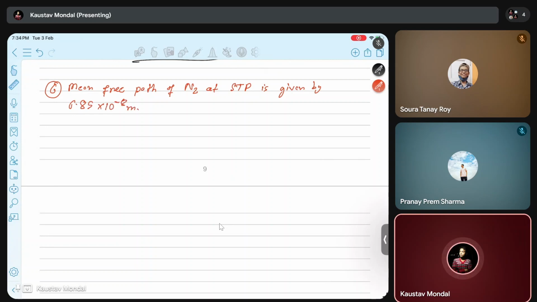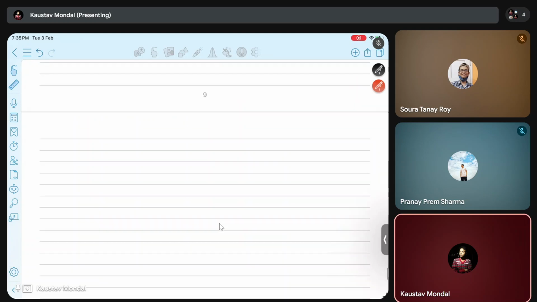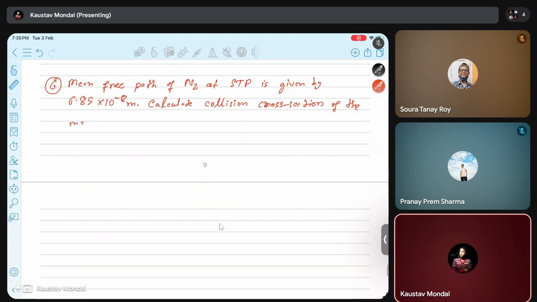So in that case, calculate the collision cross section of the molecules. Okay.